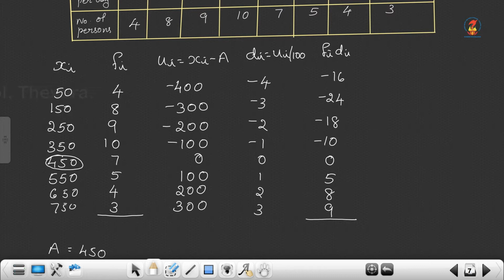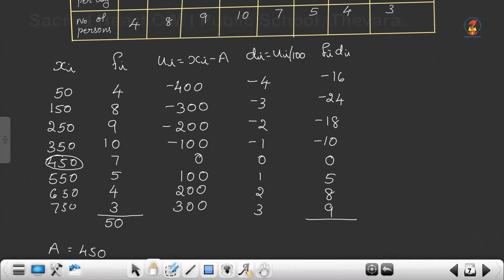What is the total frequency? 4 plus 3 is 7, 7 plus 5 is 12, 12 plus 7 is 19, 28, 28 plus 8 is 36, 40, 50. So the total is 50, isn't it?